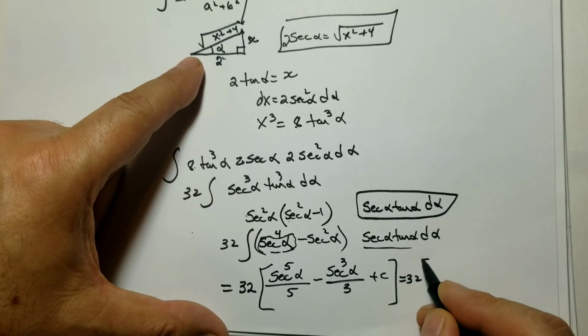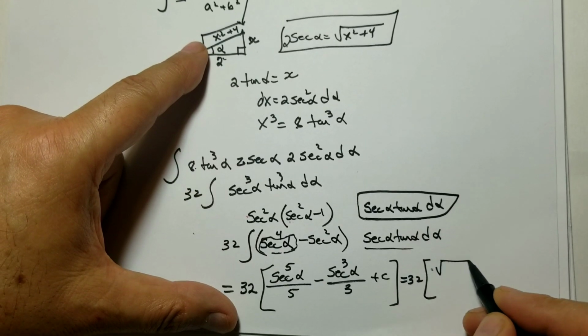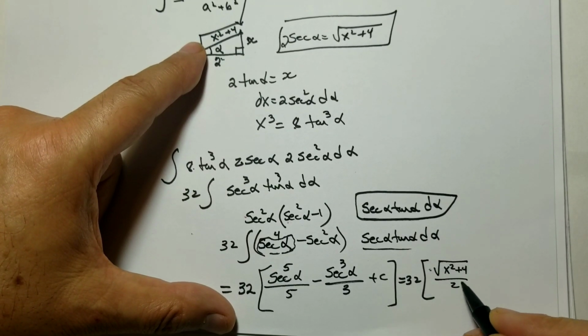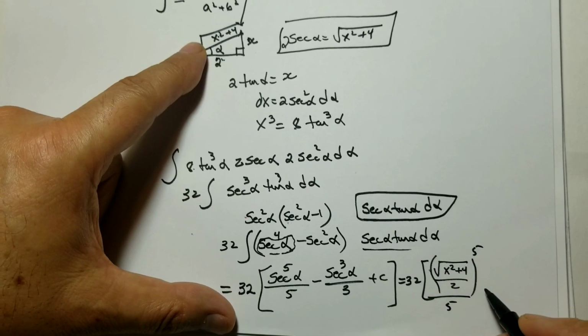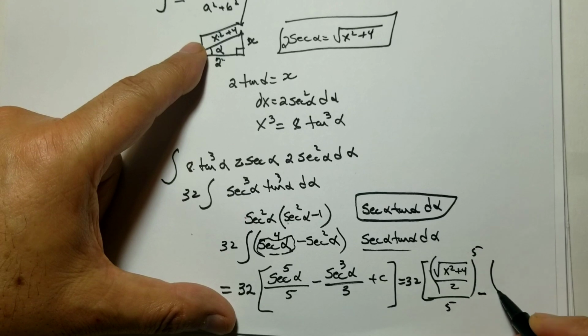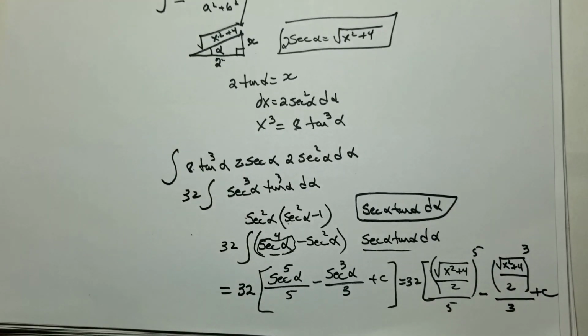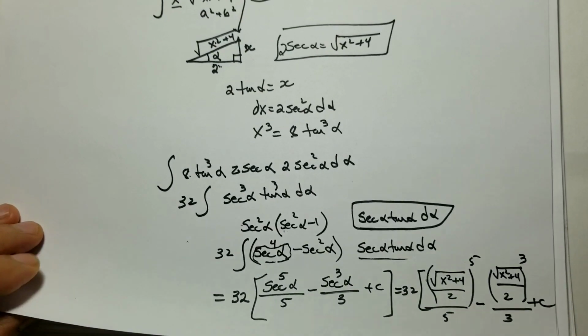Therefore, that becomes 32 times secant, which is the square root of x squared plus 4 over 2, to the power of 5 over 5, minus that to the power of 3 over 3. I'll let you simplify this one, and I'm sure simplification is not hard. That's another example using trig substitution.